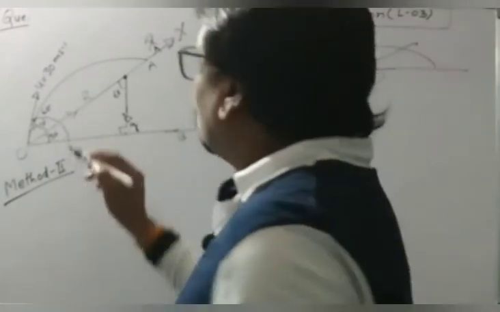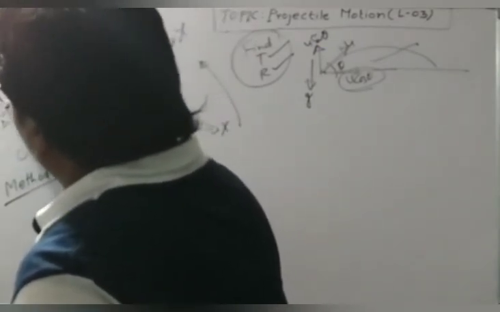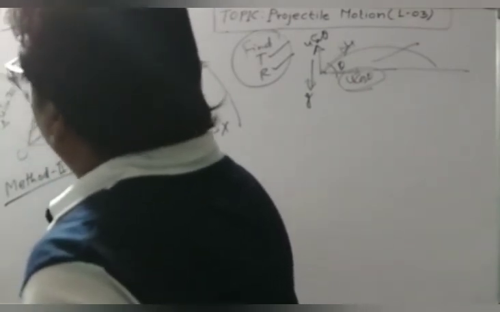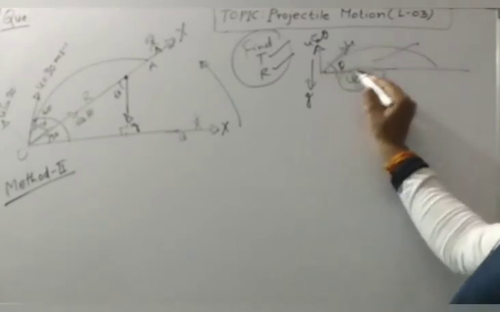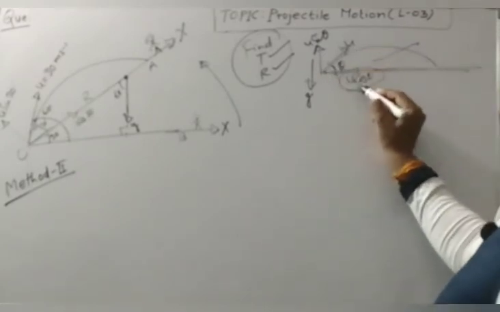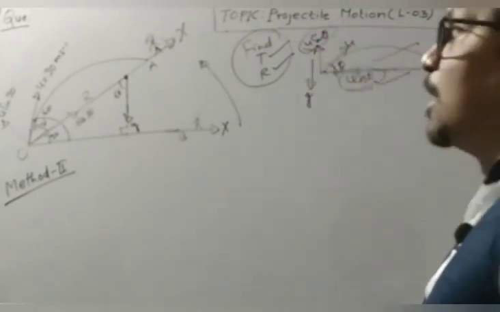Okay. So this is basically u cos theta, u cos 30, and the velocity perpendicular to this is u sin 30. Okay. Like this is u, and this is the x-axis, this is theta, this is u cos theta, and the velocity perpendicular to u cos theta is u sin theta.